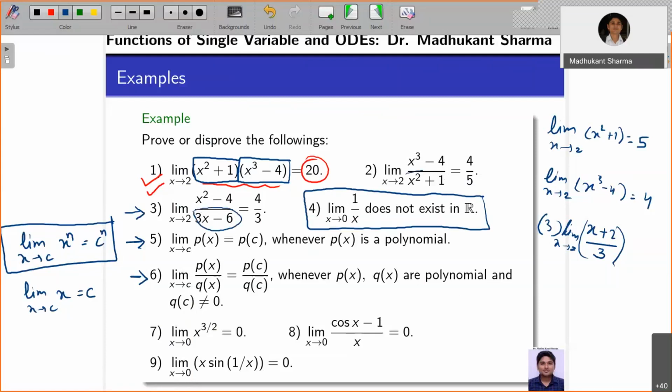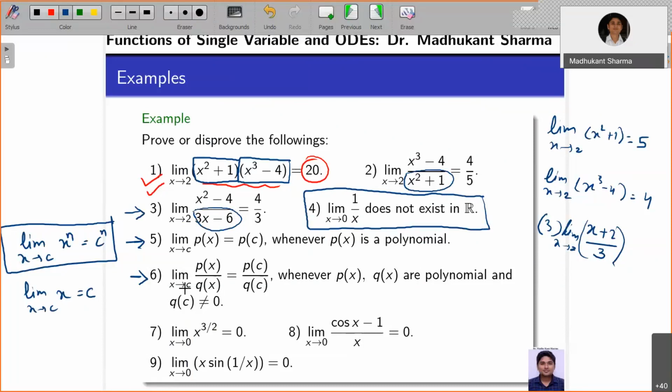Here, the denominator will never vanish on the set of reals. So you look for the points where the denominator vanishes, and then see whether that equals c or not, that is, whether the denominator is non-zero at c, or whether that point is a root of the equation q(x) equals 0.